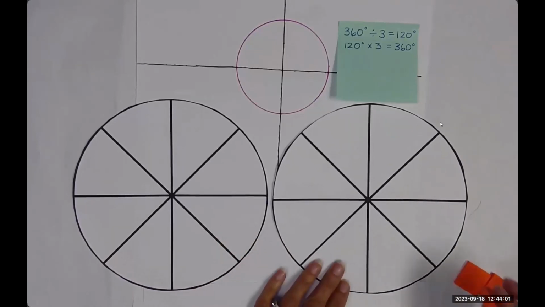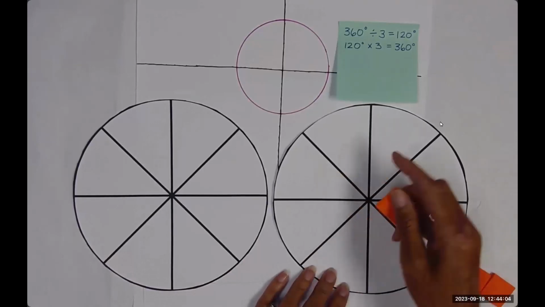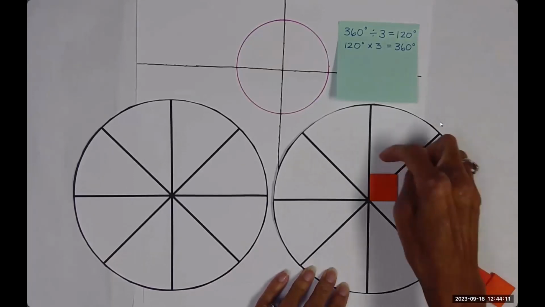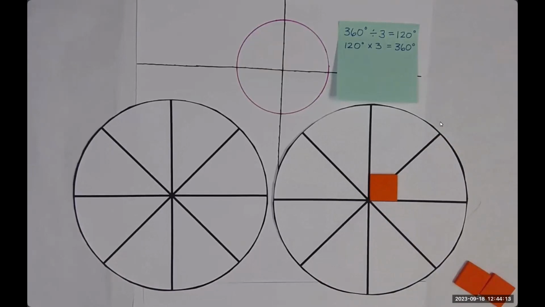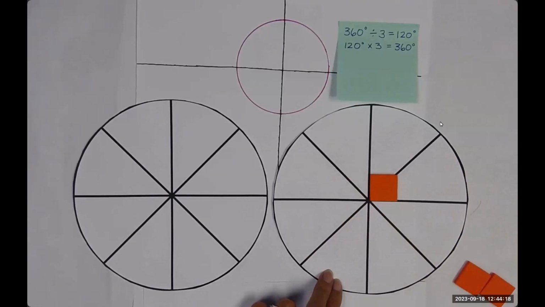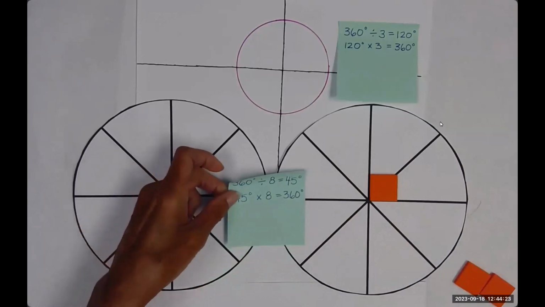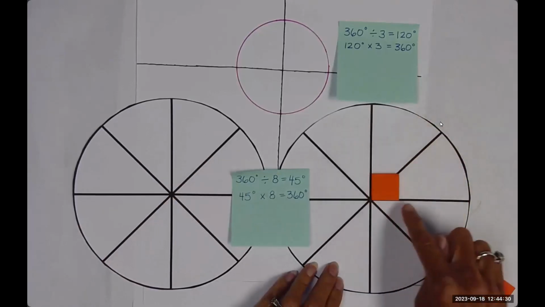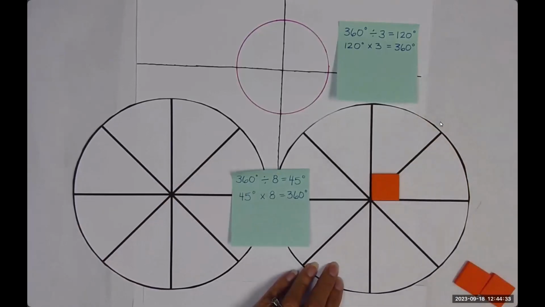All right, so for example, I can put a square here, okay, and I know a square turns around two of these equal-sized wedges. All right, well, I know that there are 8 wedges. So again, 360 divided by 8, I know that each of those wedges is 45 degrees. Or I can just think about that 90-degree angle. 90 divided by 2 is 45 degrees. Okay.